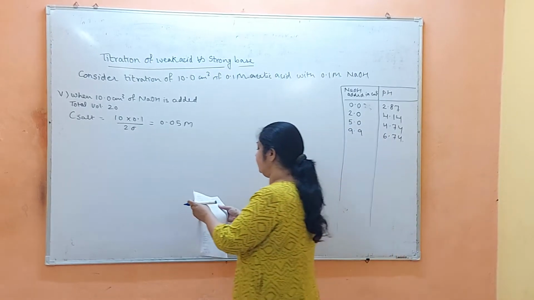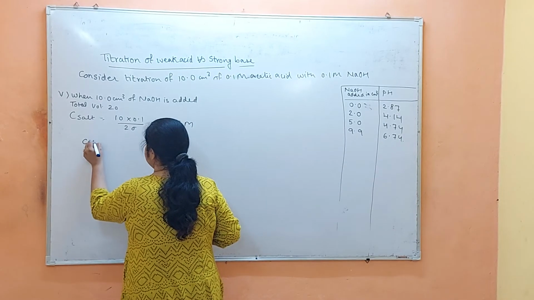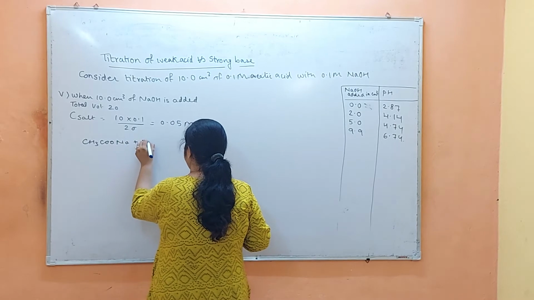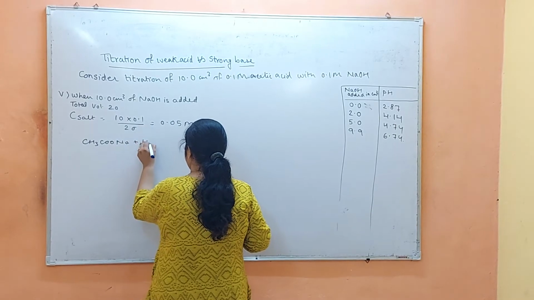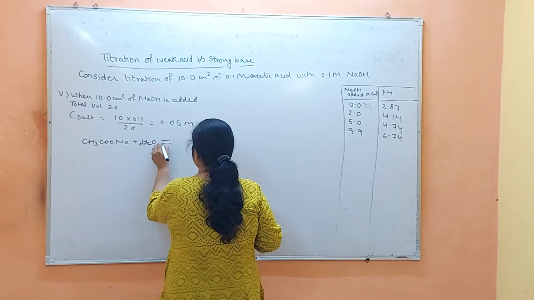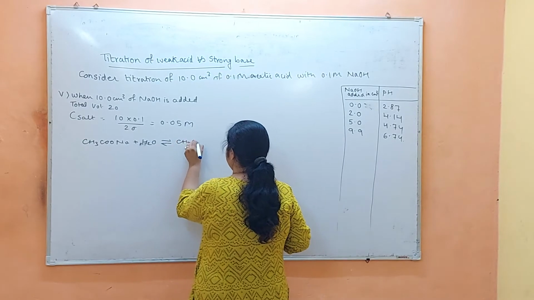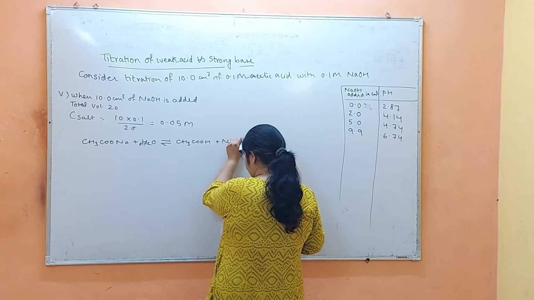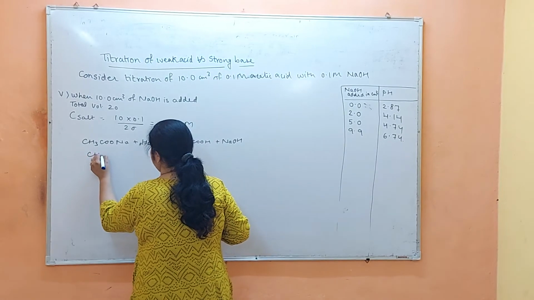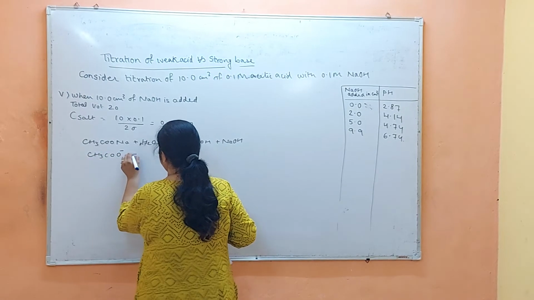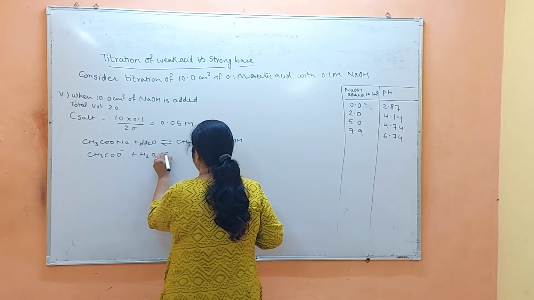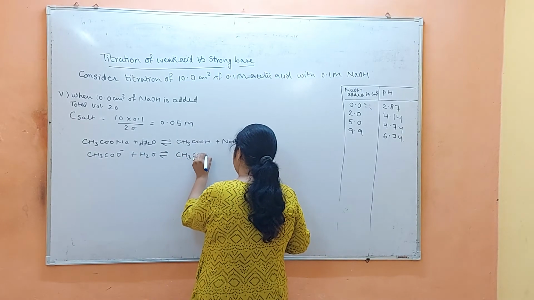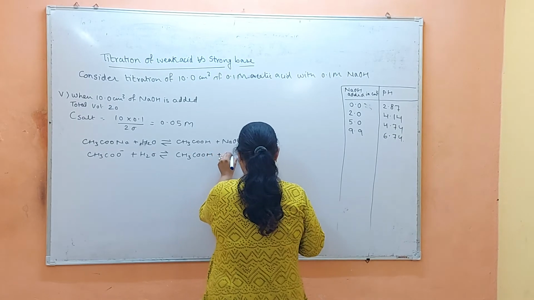Now the hydrolysis reaction for sodium acetate is CH3COONa plus H2O will give you CH3COOH plus NaOH, and CH3COO minus plus H2O will give you CH3COOH plus OH minus.